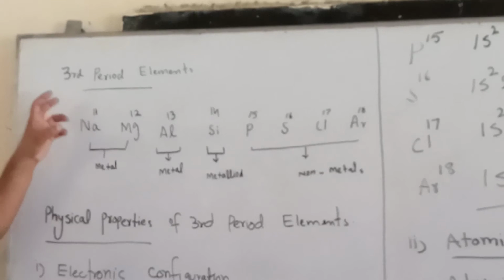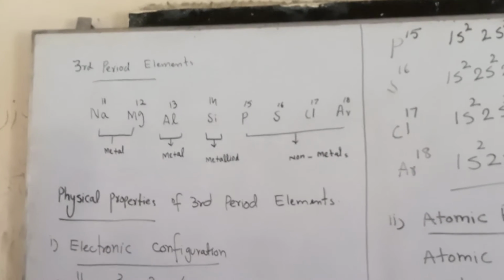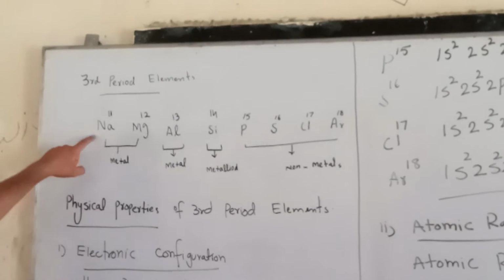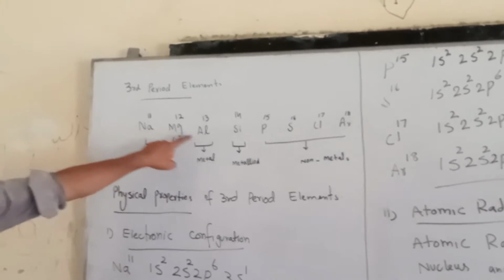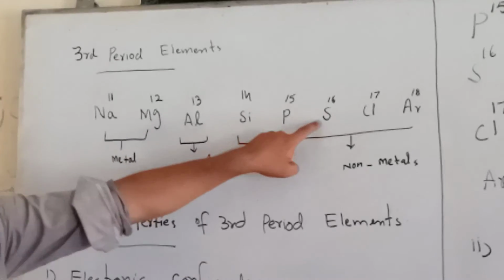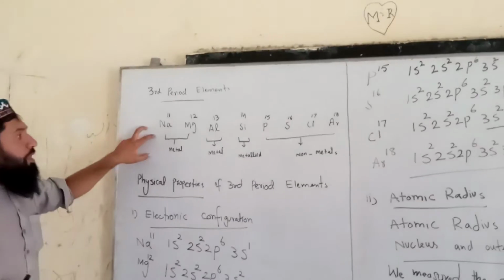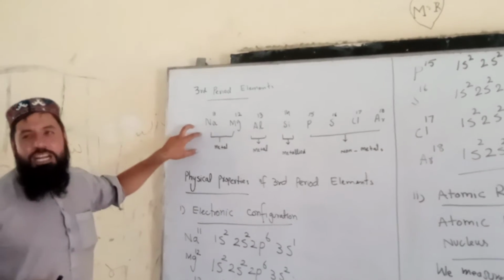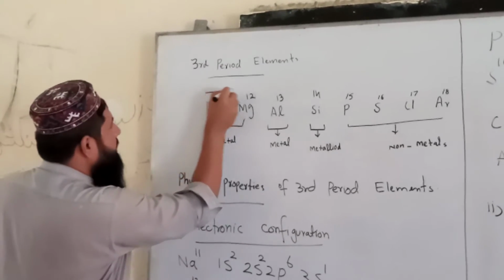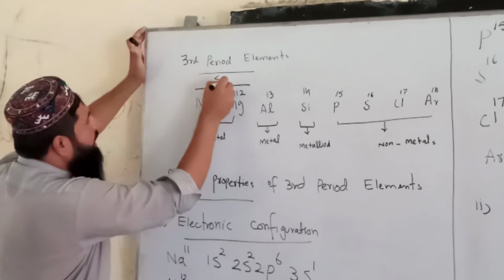What are third period elements? Those elements which are present in the third period are known as third period elements, and these elements are sodium, magnesium, aluminium, silicon, phosphorus, sulfur, chlorine, and argon. As far as the third period elements are concerned, sodium and magnesium belong to the S block.